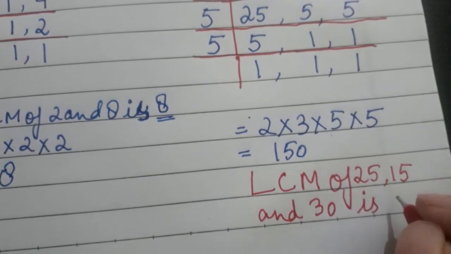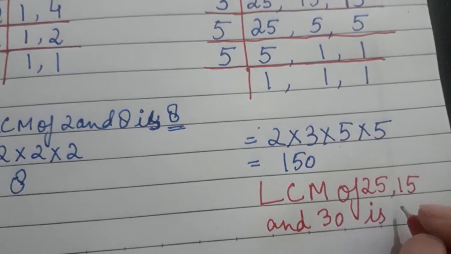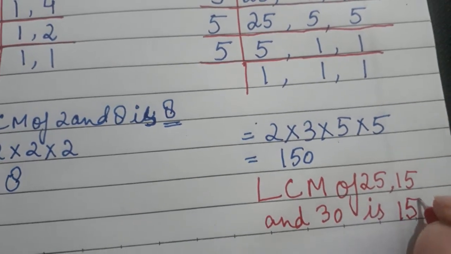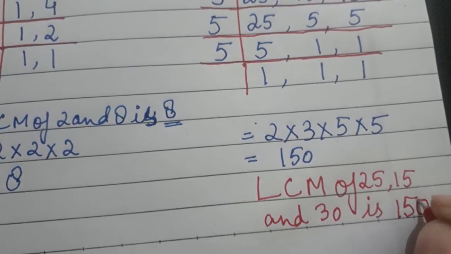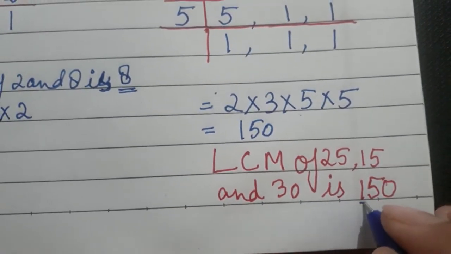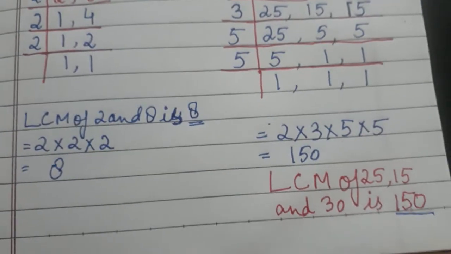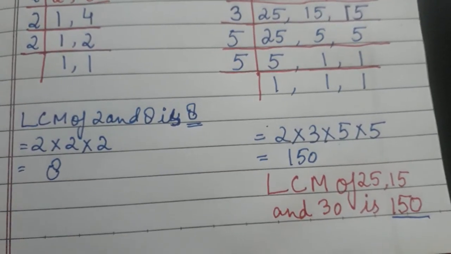Children, you will write is, not are, because there will be only one number. Okay, so this is the way you will take out the LCM by the common division method. I hope this video has served the purpose.